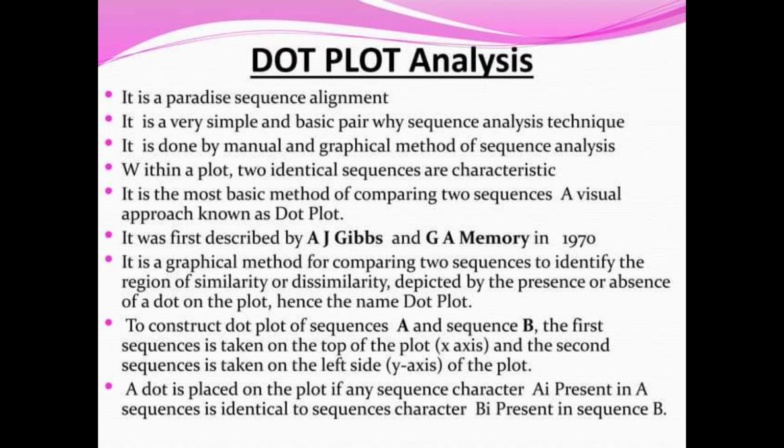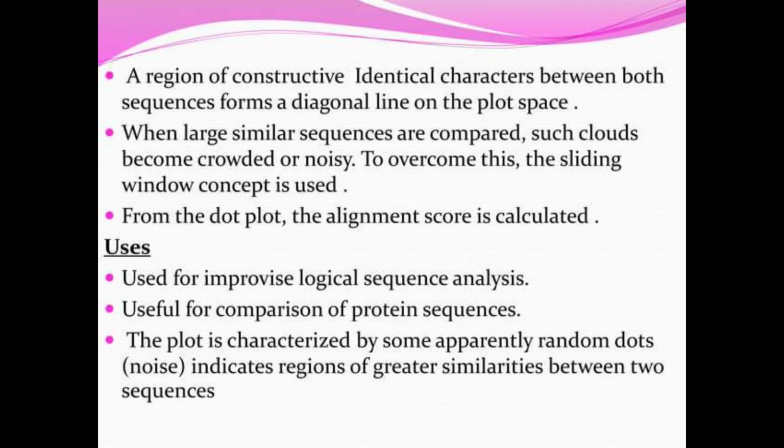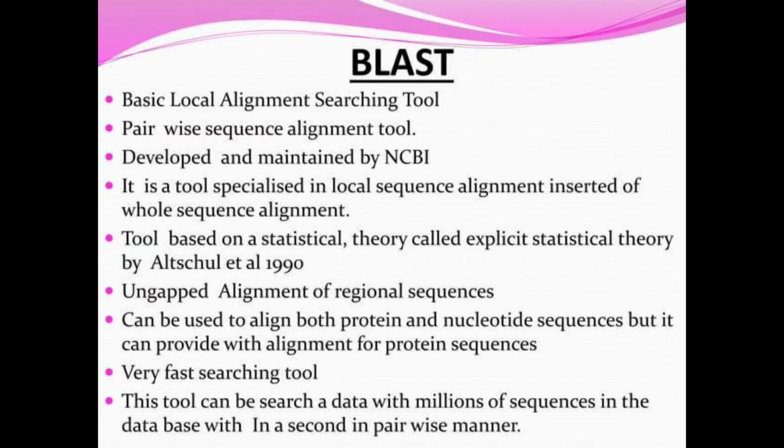Other methods are advanced versions of it, that is other matrices. Here we can see the dot plot. This is used for protein sequence comparison, nucleic acid sequence analysis, etc.